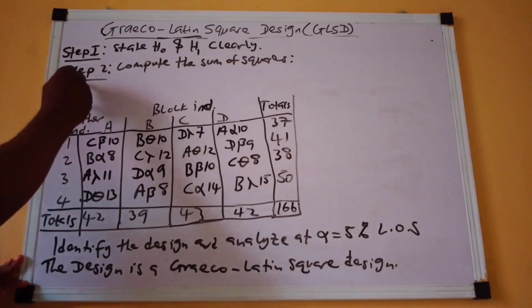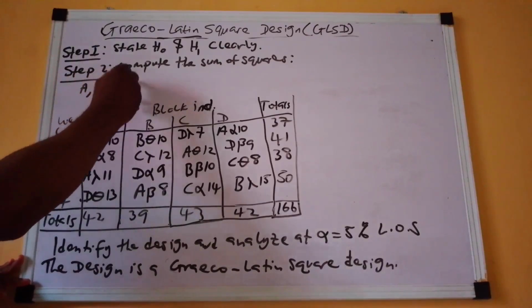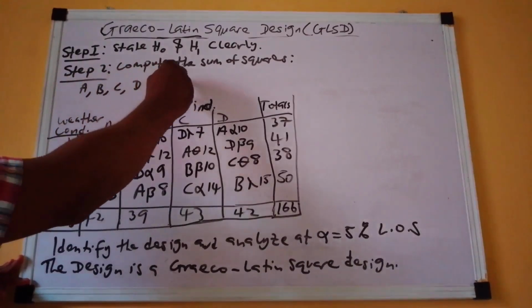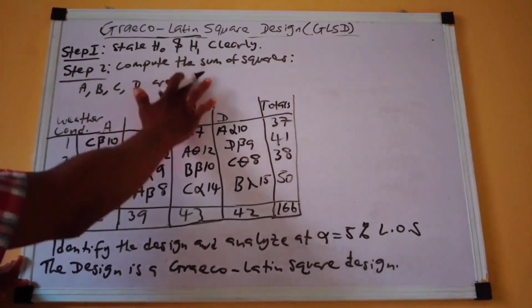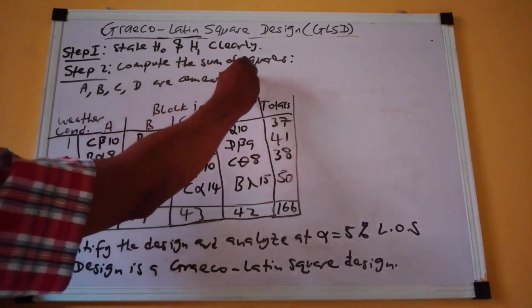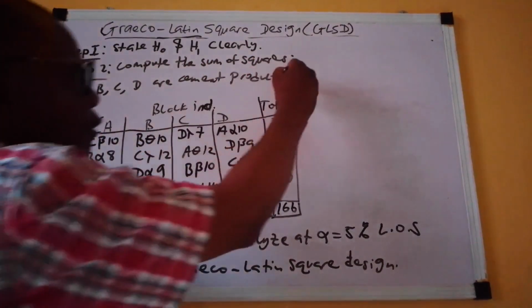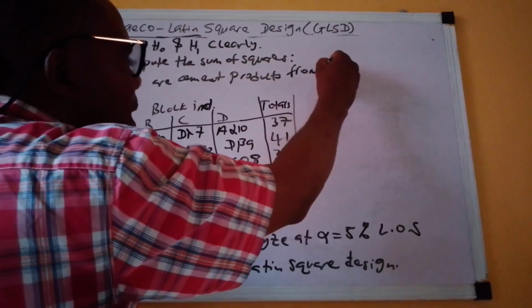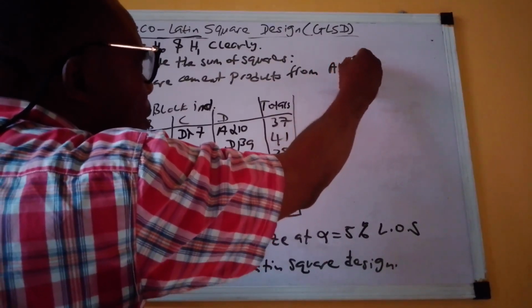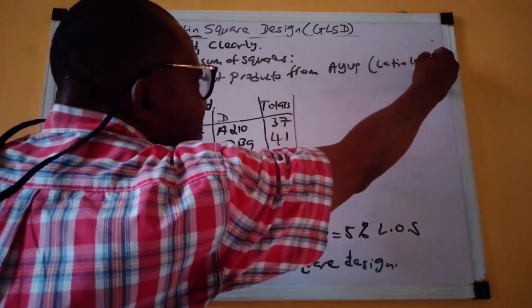Note that A, B, C, D are products, or you can call them cement products from IU, and they are the Latin letters.